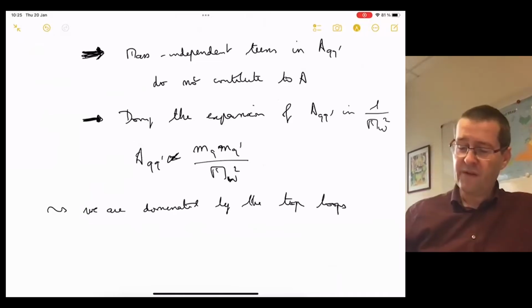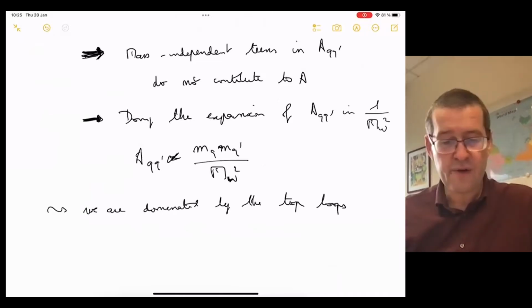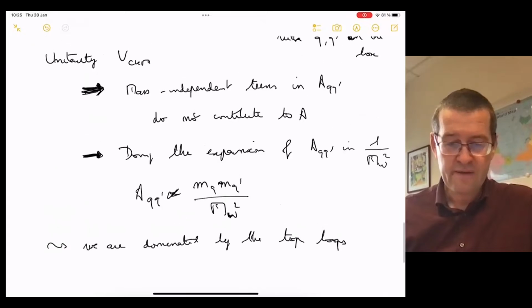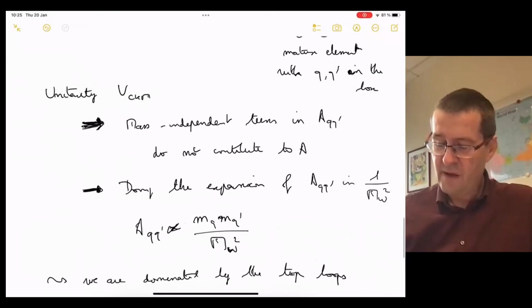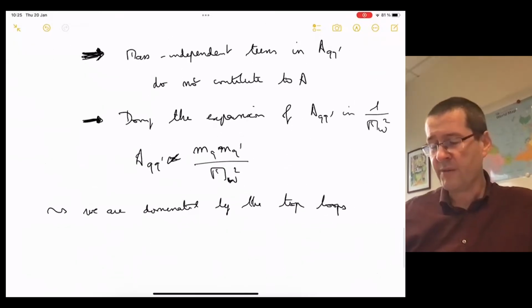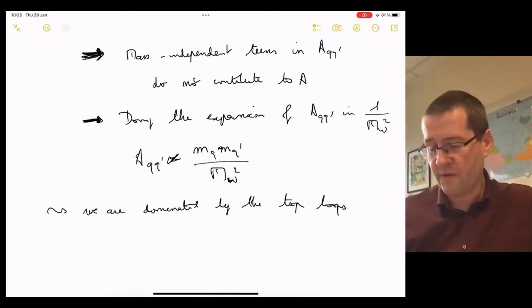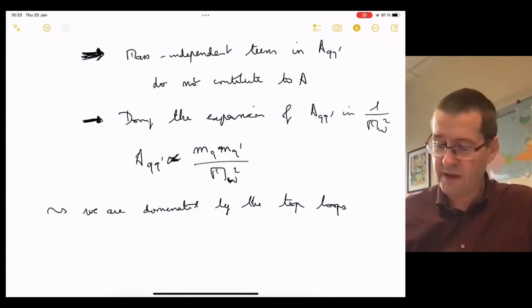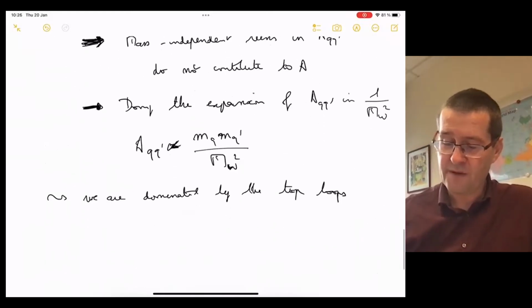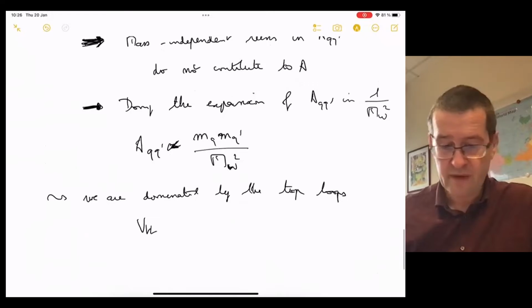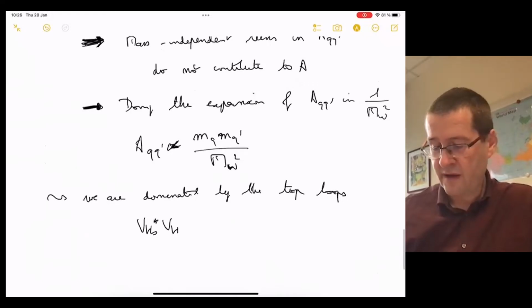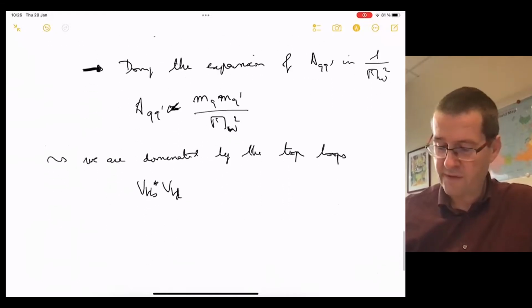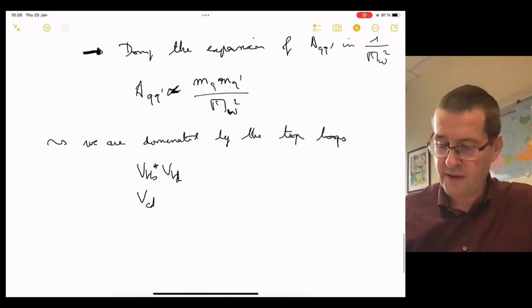The only thing that I didn't recall, but that's important probably, is that we're dominated by the top loops because of this, but also because of the various CKM factors that are involved. We know already the answer, but I'm just giving you again the argument.